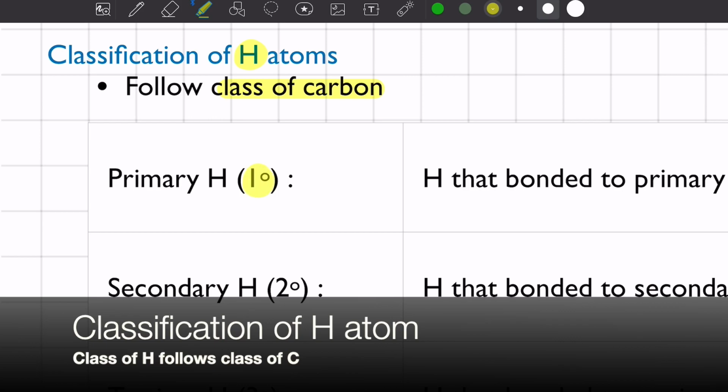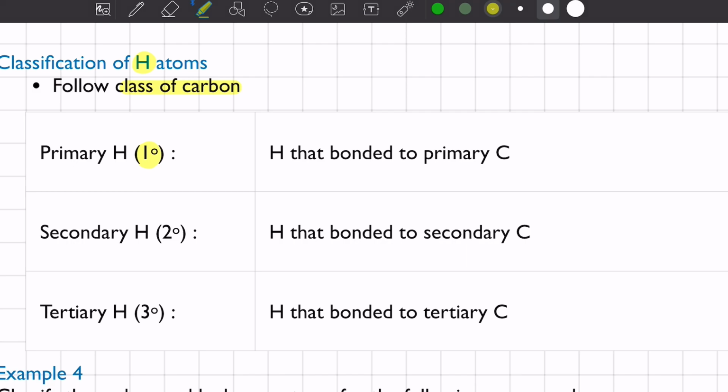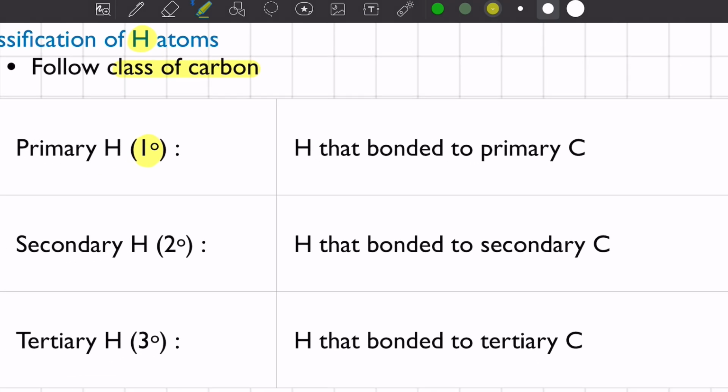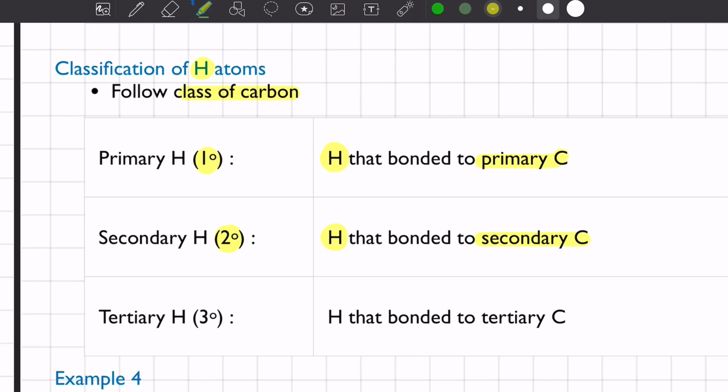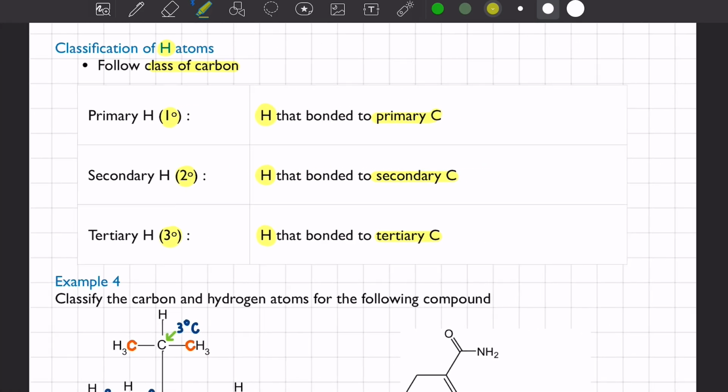So maksudnya kalau dia primary hydrogen, maksudnya hydrogen itu bonded to primary carbon. Kalau secondary, hydrogen tu bonded to secondary carbon. And kalau dia tertiary hydrogen, hydrogen tu bonded to tertiary carbon. Kita tidak ada quaternary hydrogen sampai tertiary sahaja.